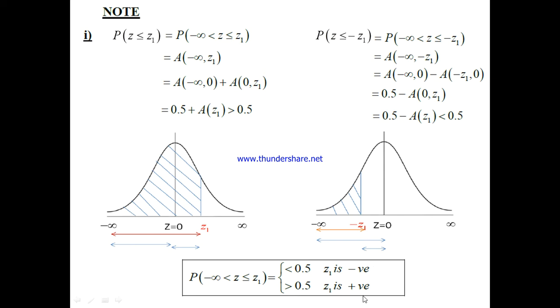Or we can say, if our z1 is a negative value, then P of z is less than 0.5. If our z1 is a positive value, then the probability that z takes the value between minus infinity and z1 is greater than 0.5.